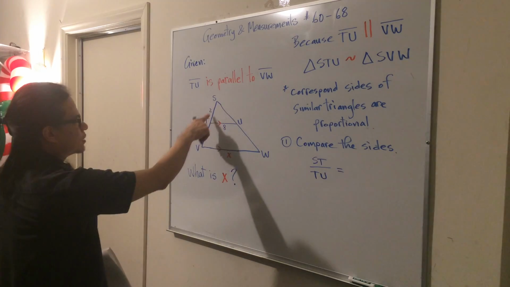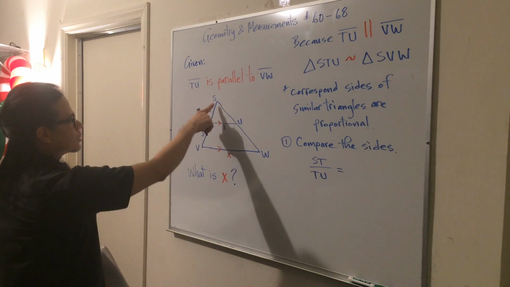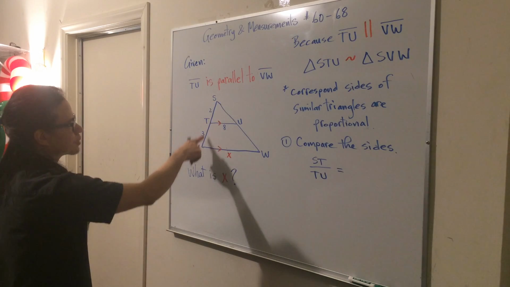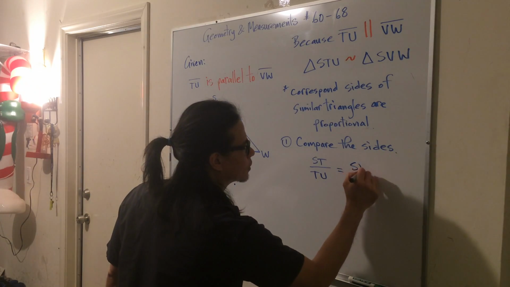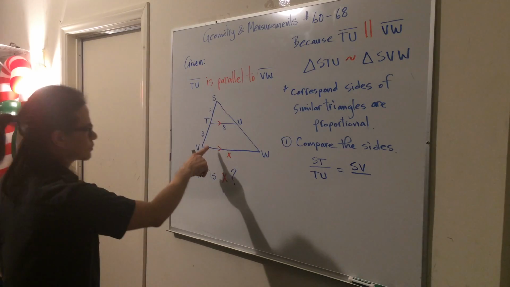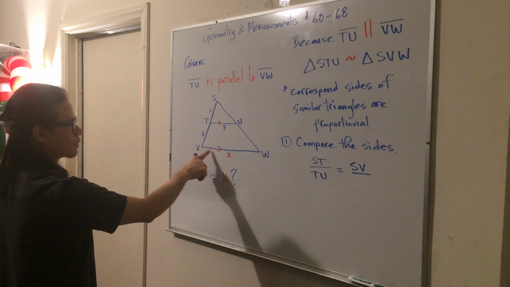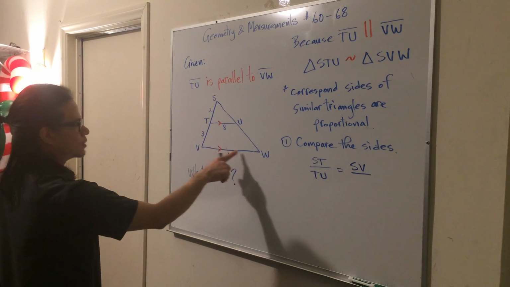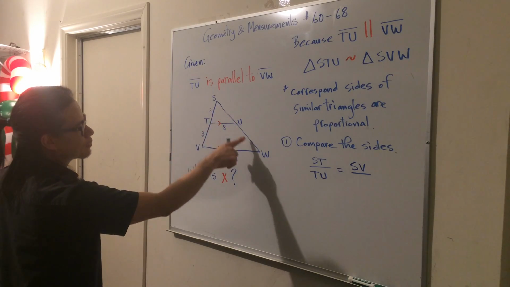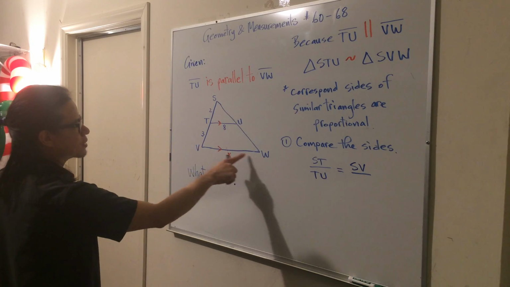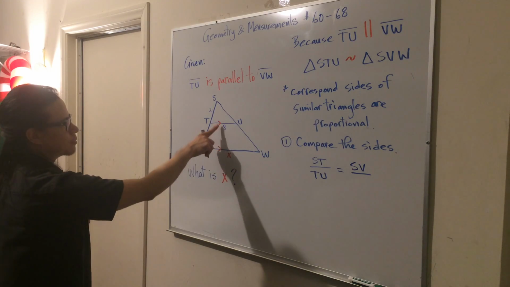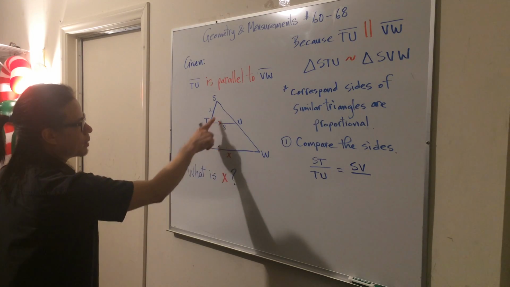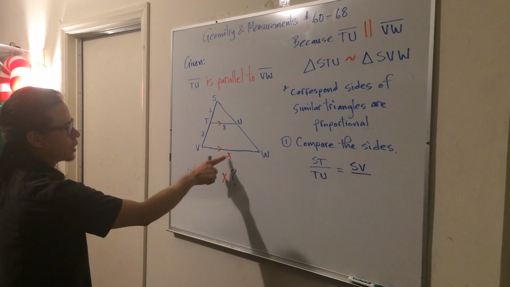Okay, so we'll go with ST and TU. So in terms of the larger triangle, we've got SV and VW. Since we don't know that right side, we'll just go with the base because we're comparing the bottom to the bottom. Okay, so bottom of the small triangle to the bottom of the larger triangle.